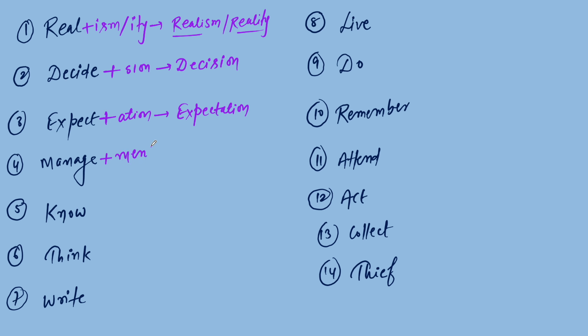Yeah, MENT. So it will be management. And what should I add with this? So as I haven't mentioned, then it will be knowledge.